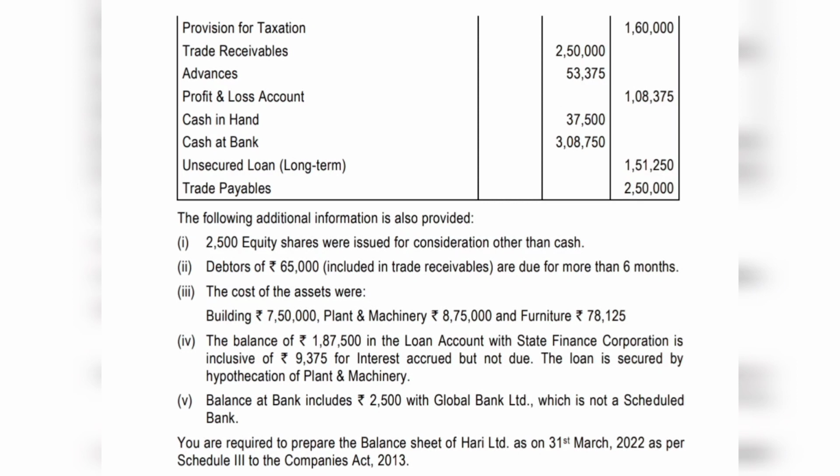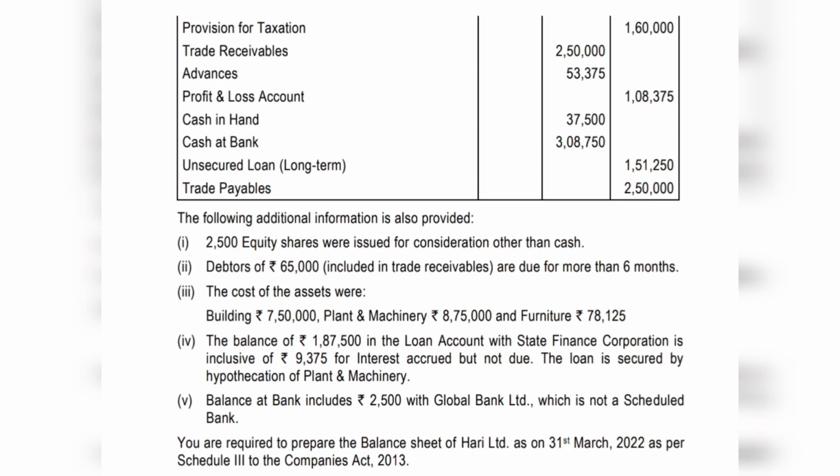It must be mentioned in the notes to accounts, in the first note. The debtors 65,000 included in trade receivables are due for more than 6 months. As I had already discussed, it is for more than 6 months and less than 6 months, so it must be in the note. And then the cost of the assets.